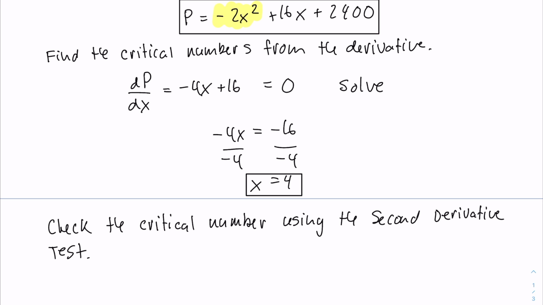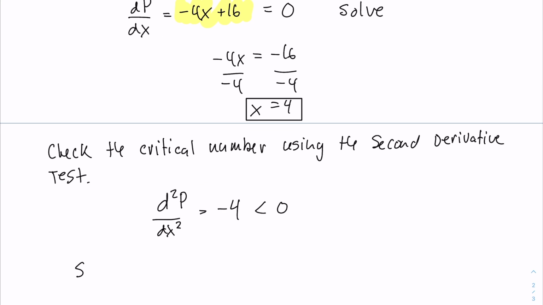If the second derivative gives us a negative number, that means we're concave down, which means a maximum. And if it gives us a positive value, then we're concave up, which means we'll have a minimum. So I want to calculate the second derivative of this. That's going to equal negative 4, which of course is less than 0.